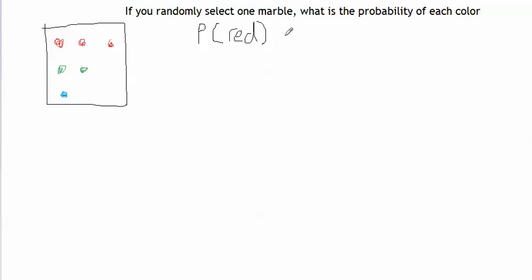Well, red, there's 3 reds, right? So it's the number of ways something can happen over the total number of outcomes. There's 3 reds in there. There's 5 total marbles. So it's 3 over 5.